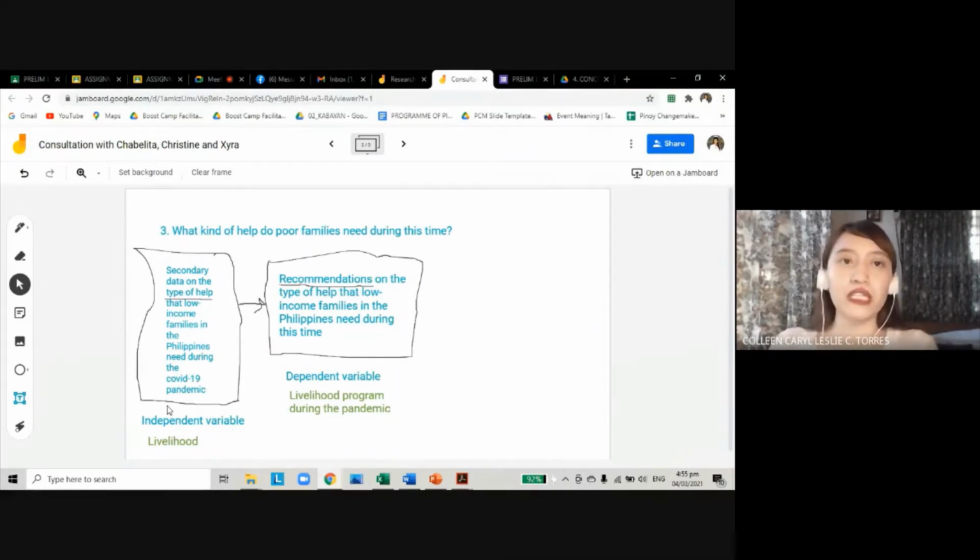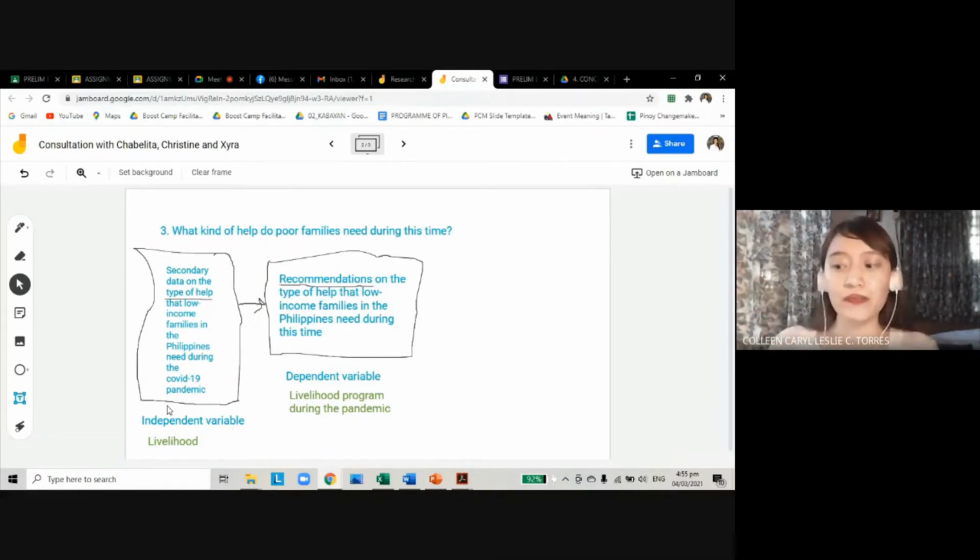So what type of help do they need now, so that we can recommend to the government? Although I think there is already available data, I guess what is lacking is the assistance reaching them, and I am not sure if they are already receiving assistance, no.